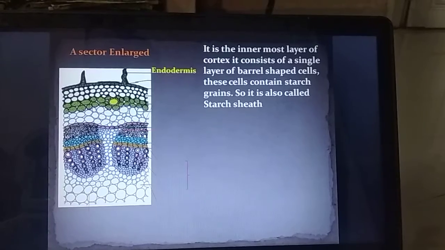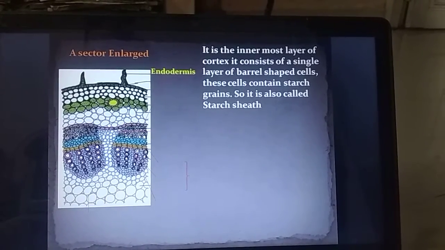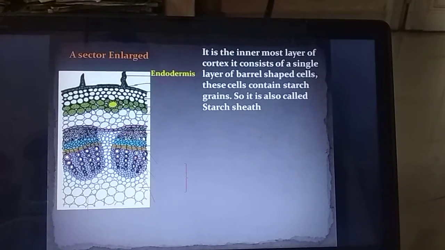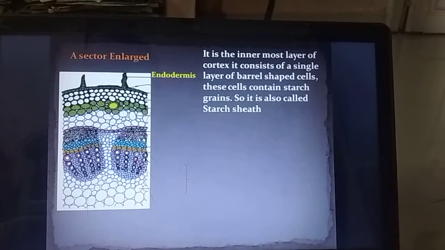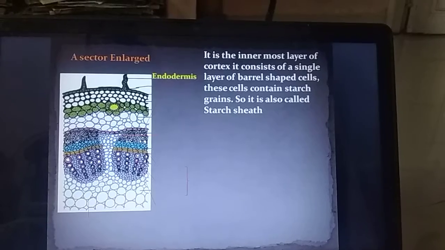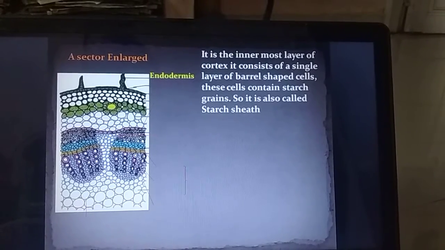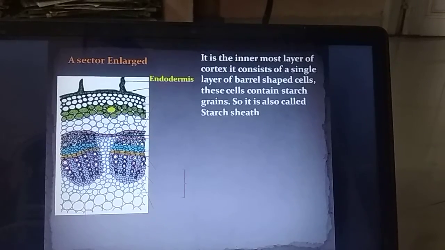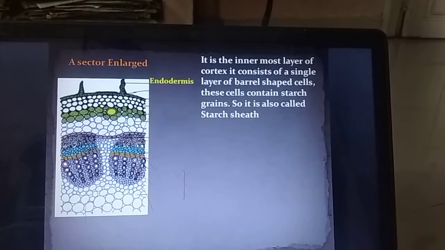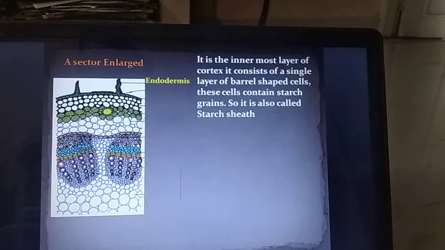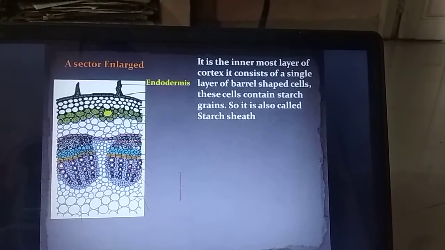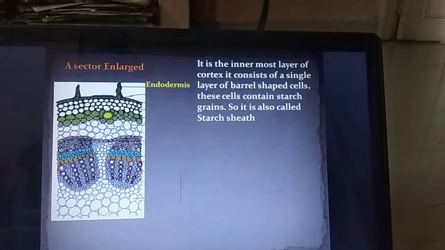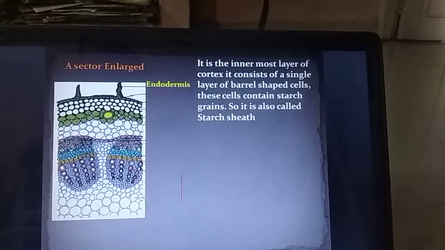It is the innermost layer of the cortex, next to the inner cortex. It consists of a single layer of barrel-shaped cells. Barrel means cylinder-shaped cells. These cells contain starch grains, so it is also called starch sheath. Sheath means layer.